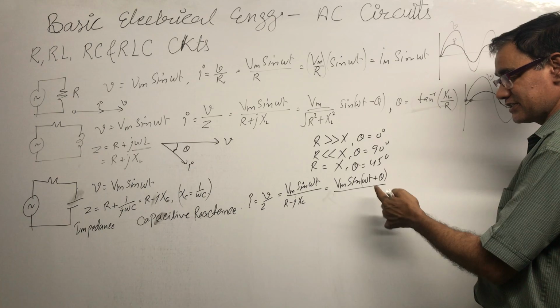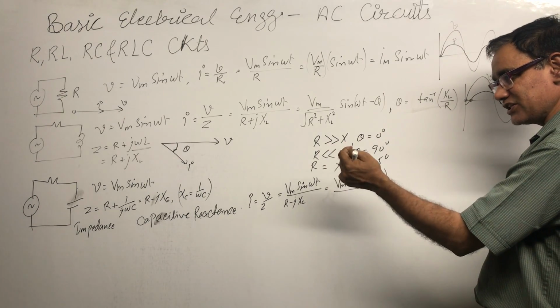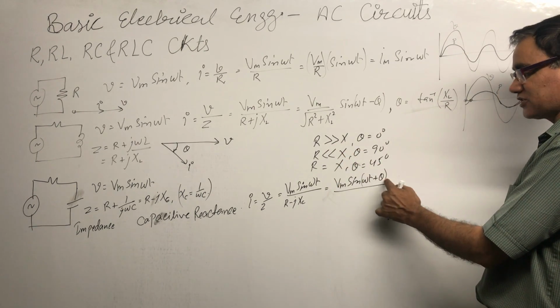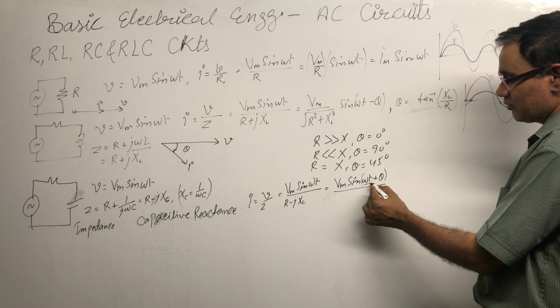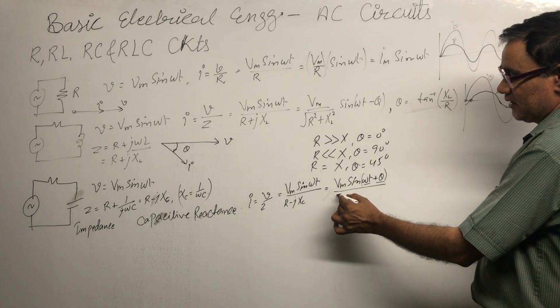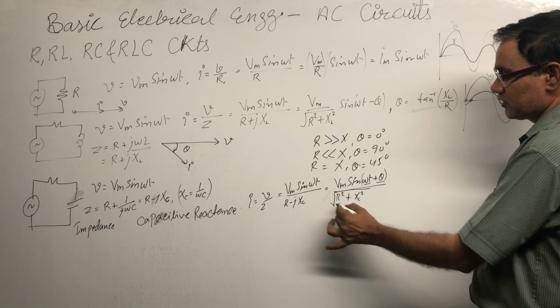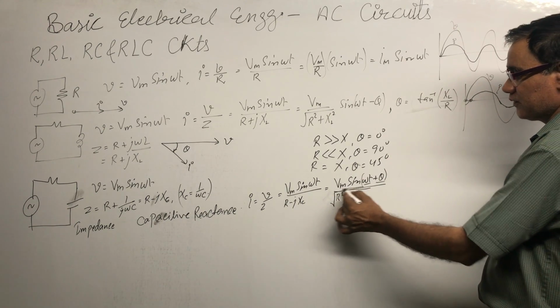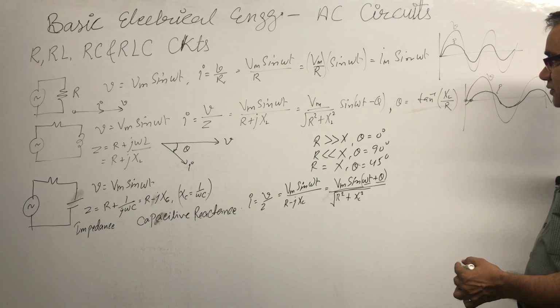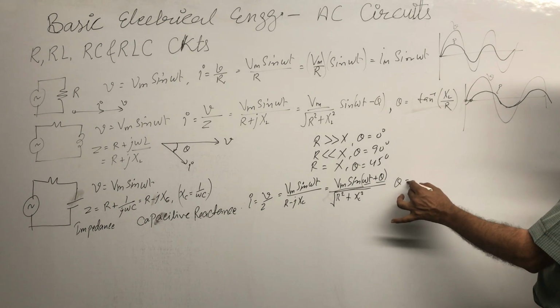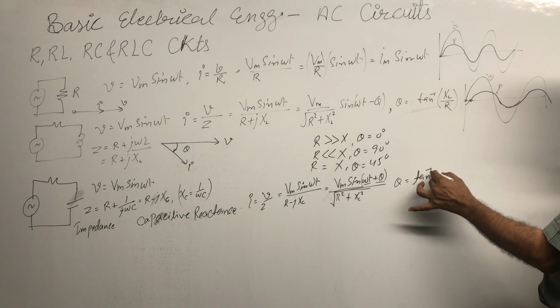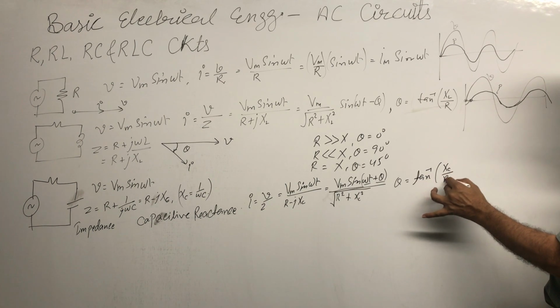Current leads; voltage is at 0 degree. Current is Vm sin of omega t plus angle, divided by the square root of R square plus Xc square. This is the magnitude, and the angle theta is equal to tan inverse of Xc upon R.